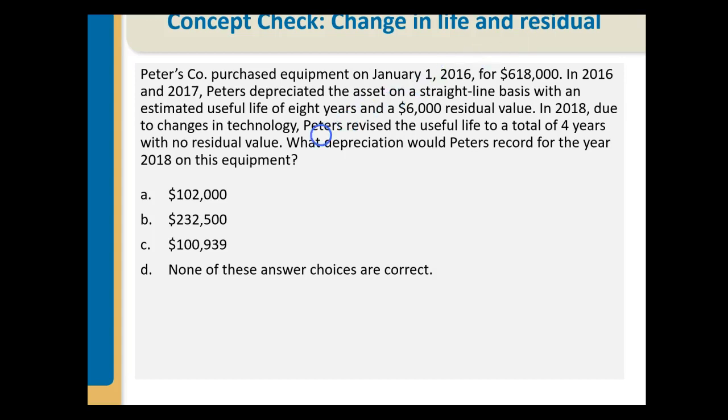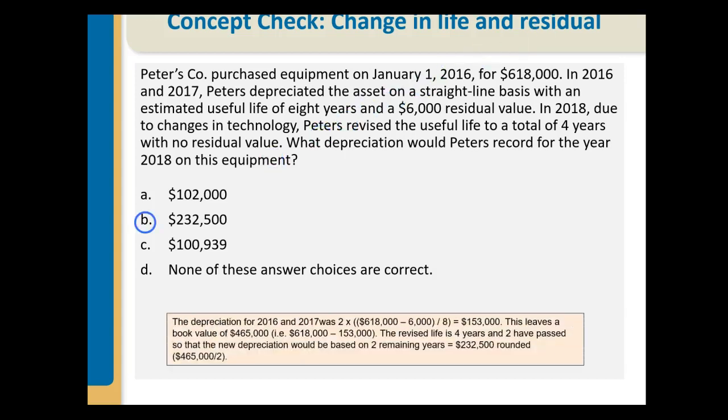So as you can tell, what we're going to want to do is come up with what the new value is, the book value of $465. Since the cost is $465, it's been changed to 4 years.